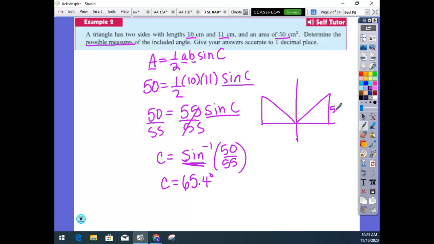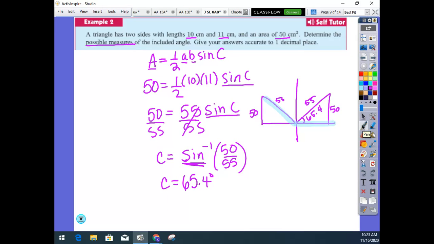This could be my opposite over my hypotenuse. It could either be this angle, which is 65.4, but it could also be this angle here.